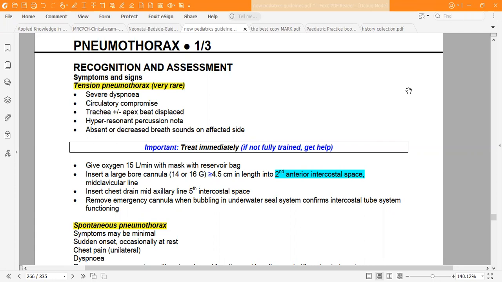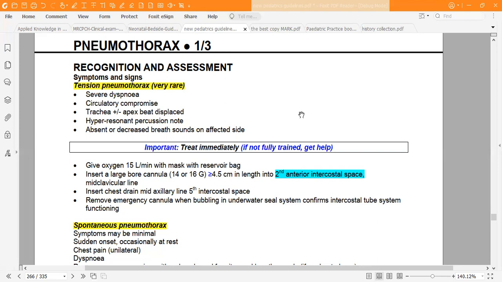The tension pneumothorax, which is very rare but can happen, is characterized by severe dyspnea, which is severe difficulty in breathing, circulatory compromise, trachea plus minus apex beat displacement, hyper-resonant percussion note on the affected side, and absent or decreased breath sounds on the affected side as well. So these are the main features of the tension pneumothorax.